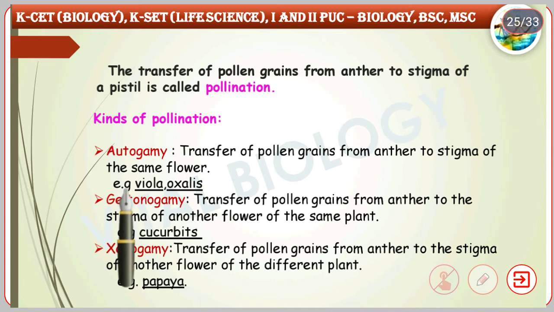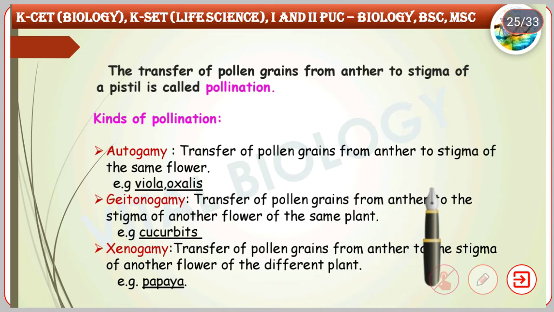First let us see what autogamy is and its examples. Auto means own, self. Gamy here refers to pollination, the transfer.